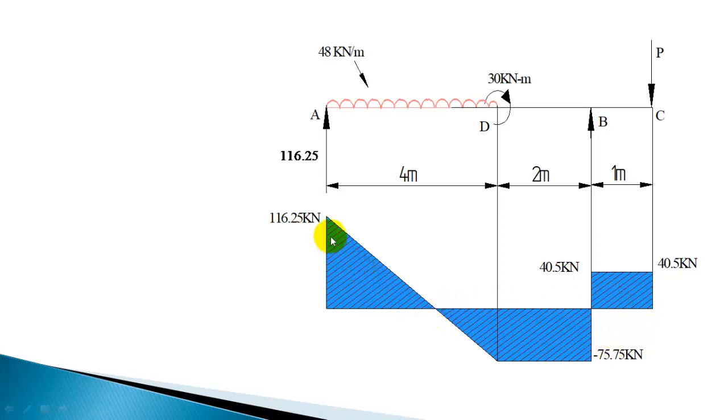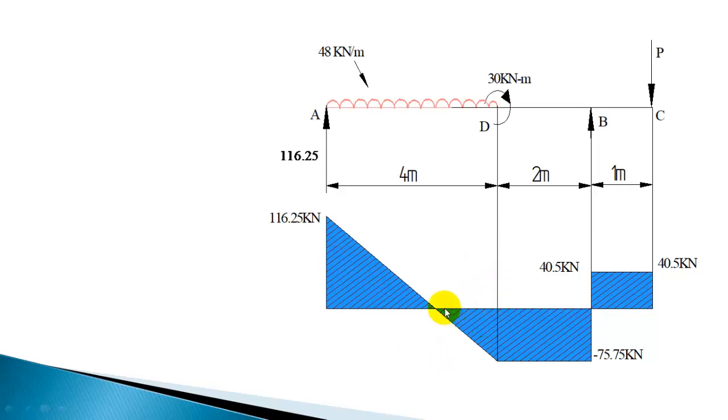But we are getting a change of sign for the shear force. The shear force is changing its sign here, from positive to negative. So the shear force is coming to 0 at this point. Corresponding to this, you will have a peak point for the bending moment curve. So that peak point you should mark in the bending moment diagram, and also you should calculate the corresponding bending moment.